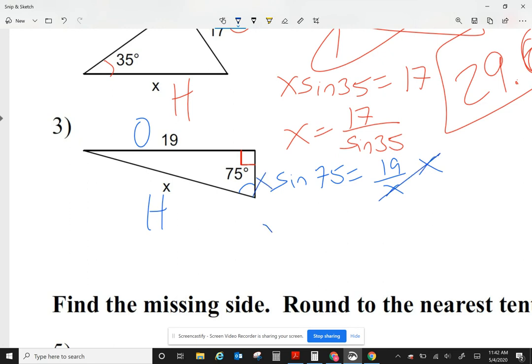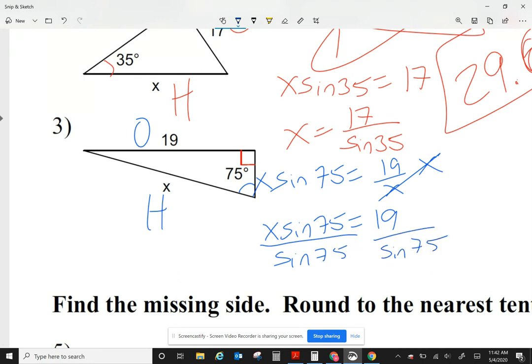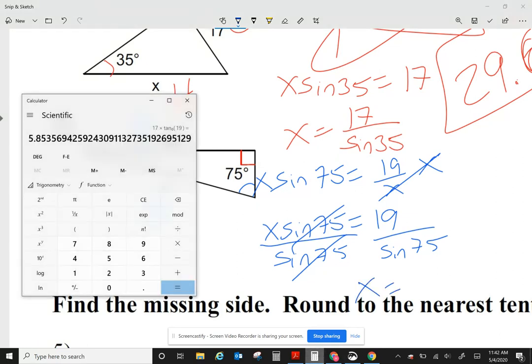So I have that x times sine of 75 is equal to 19. To get the x by itself, let me divide both sides by sine of 75. All right, so I need to figure out what's 19 divided by sine of 75.